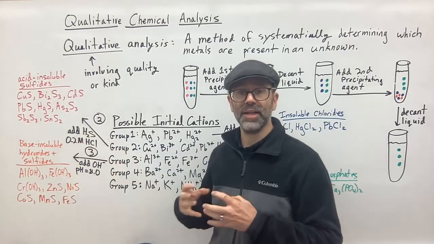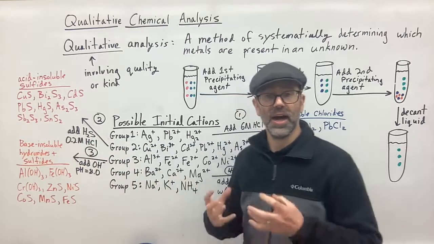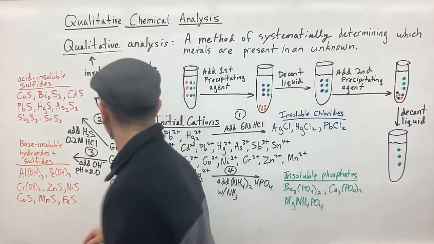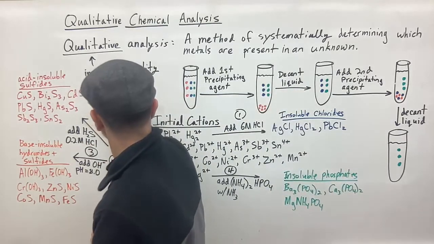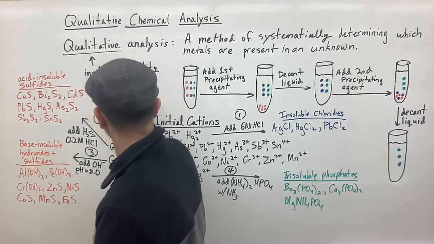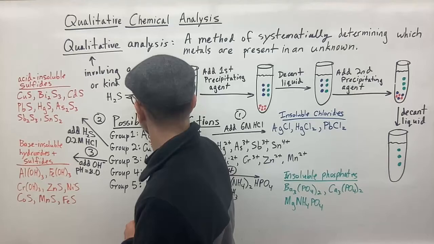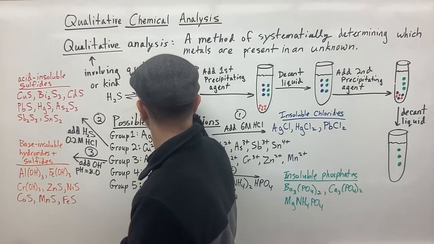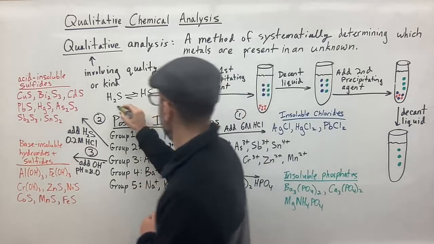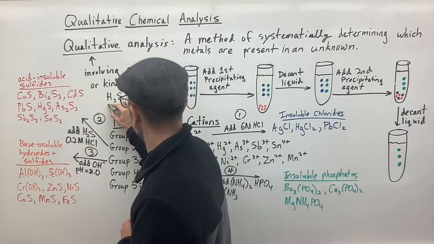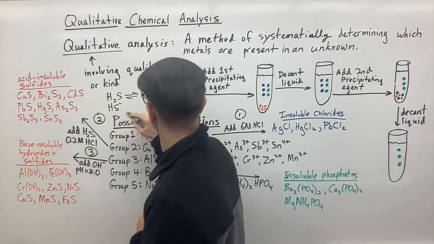So I'm not going to have a lot of sulfide ions. If I write the formula, I'll have H2S in equilibrium with HS minus plus H plus.